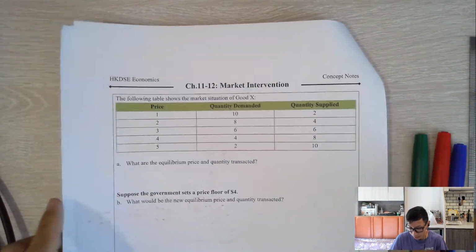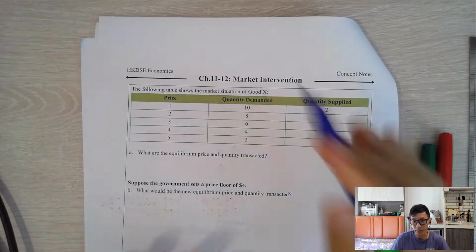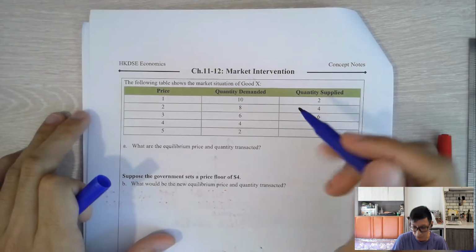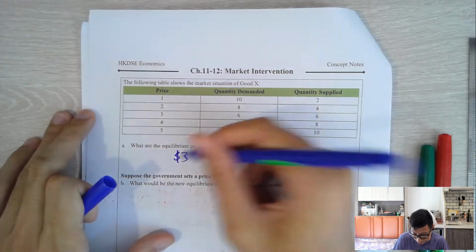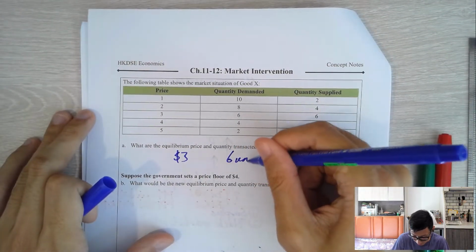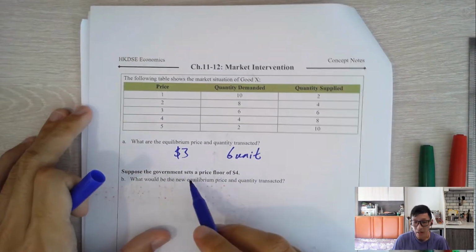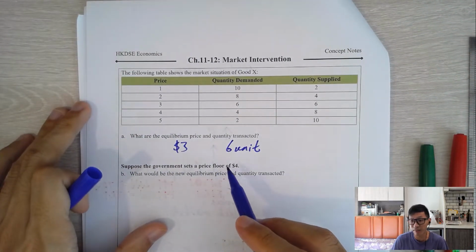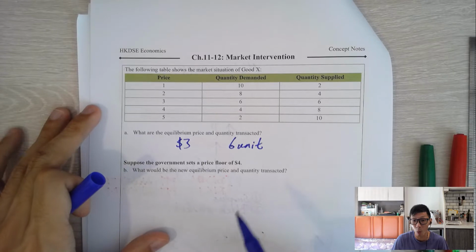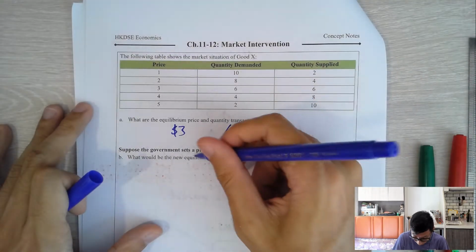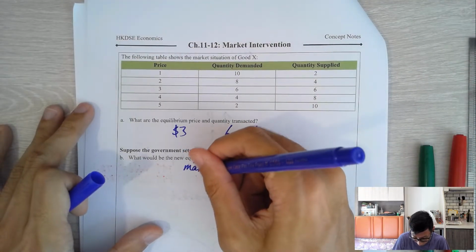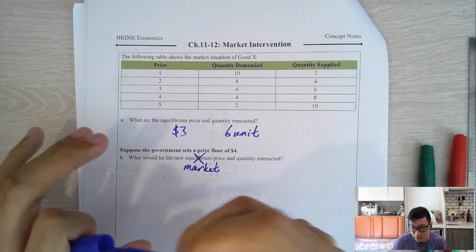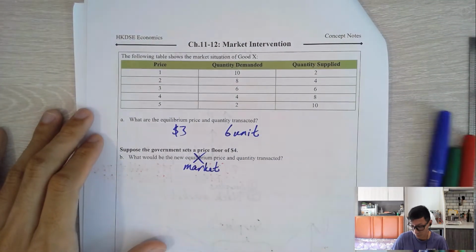What about table form? We covered this in class, so we won't waste too much time. Now obviously we know the original equilibrium will be $3 and 6 units as usual, right? Now let's say the government sets a price floor at $4. Sorry, not equilibrium, it is a new market situation. The equilibrium hasn't changed. This is a disequilibrium, right?